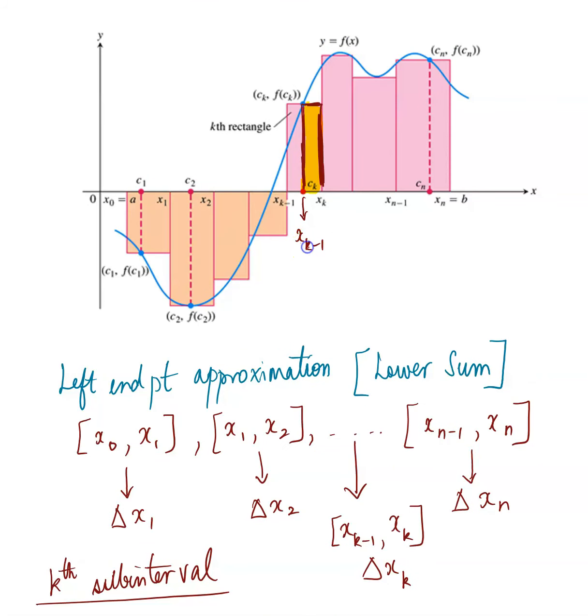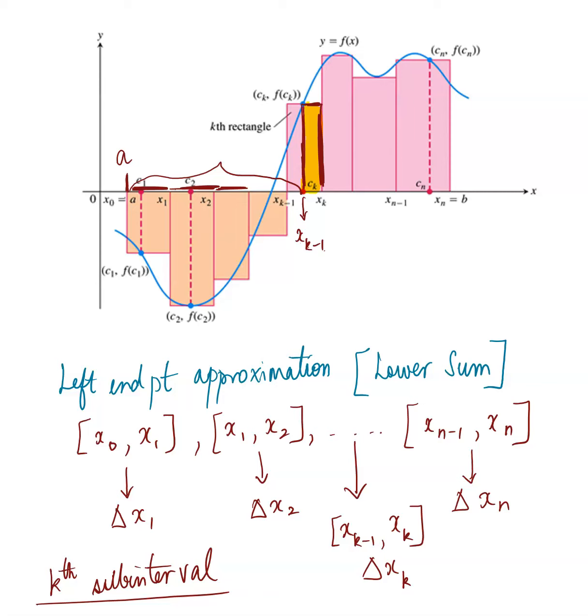If I need to get xk minus 1, I have to start here at a and then add this distance to get to xk minus 1, which is the left end of the interval. So how do I get there? That's basically x naught plus this width plus this width plus this width. And because we know that all these widths are the same, we can see that the width will be in each case b minus a over n.